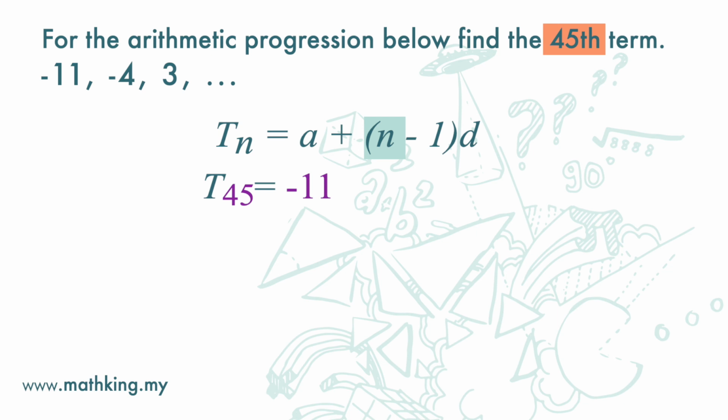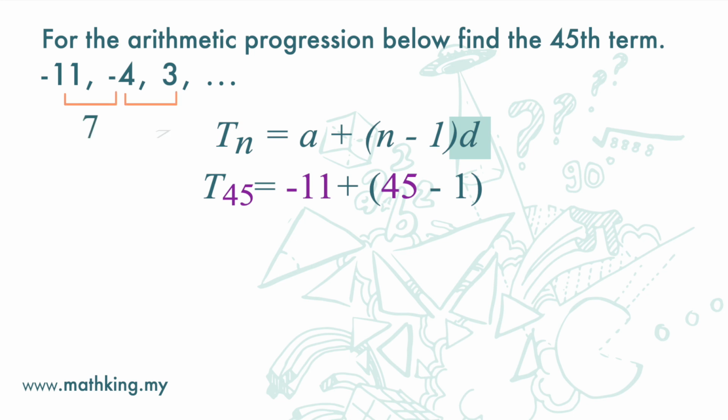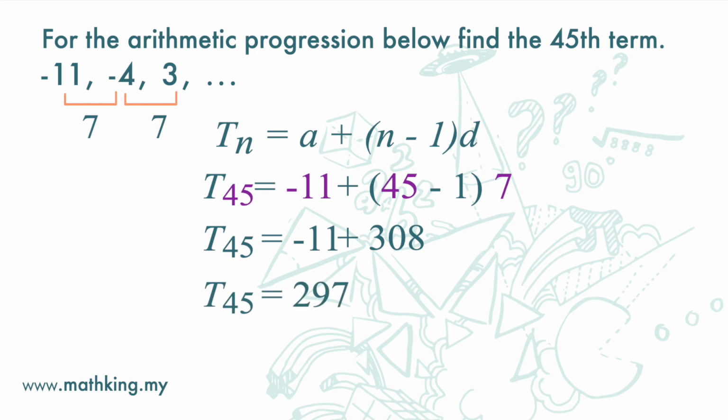N is 45. We want to find the value for 45th term. And D is the common difference. The common difference here is 7. And we have T45 equal negative 11 plus 45 minus 1 times 7. And the answer is 297.